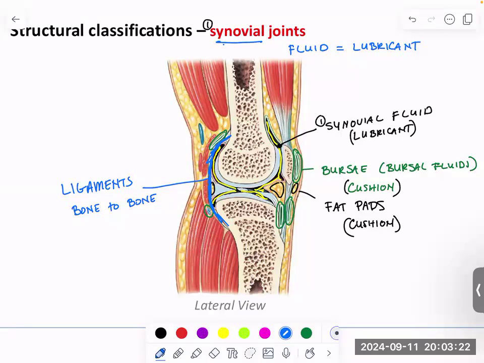That is different than a tendon. What does a tendon hold? It holds bone to what? It holds bone to muscle. I need you to know the difference between those two. They're both made of the same materials. They're both made of collagen fibers. It's just what is holding on to what that is different.